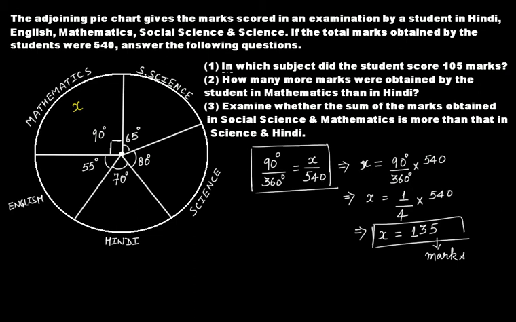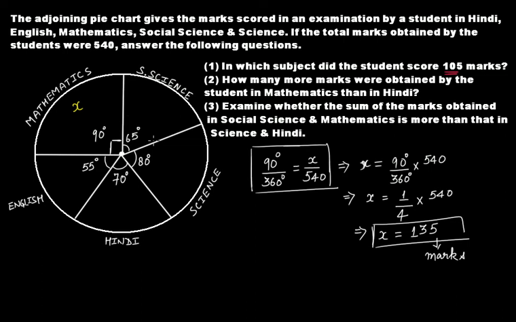Now, the first part says, in which subject did the student score 105 marks? The information given is that the student has scored 105 marks in one of the subjects, but you don't know which one from here.